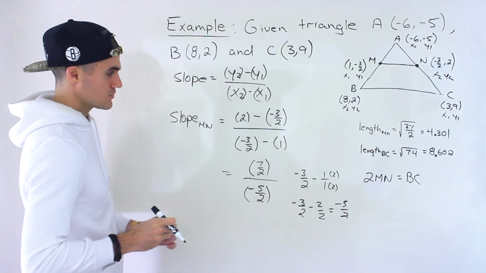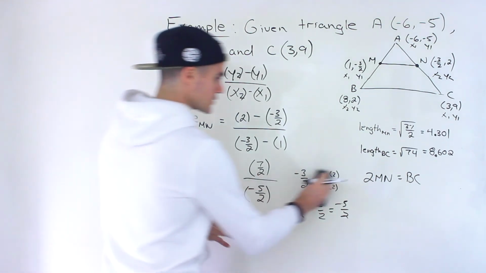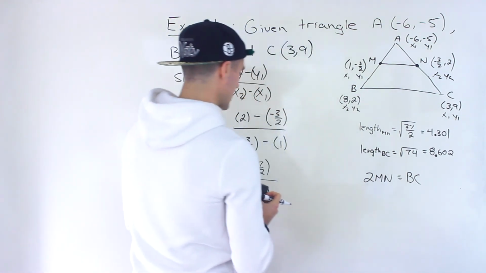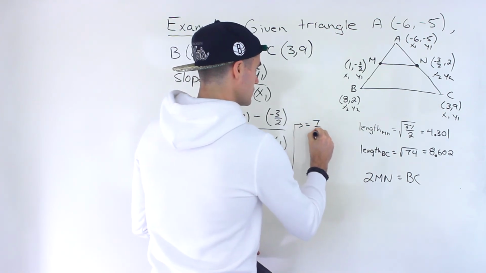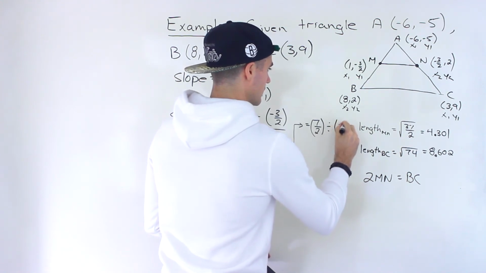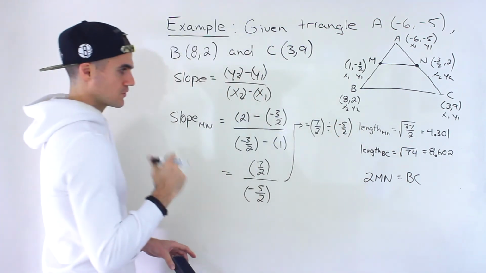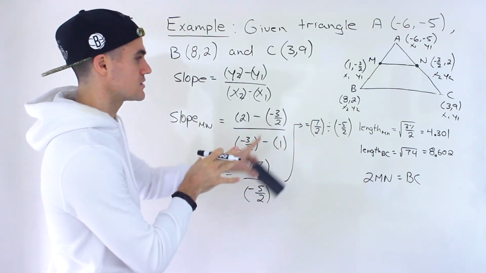So now we have one fraction divided by another fraction. So let's actually rewrite that as 7 over 2 divided by negative 5 over 2. Personally, I like to rewrite it like that. It's just easier to see.